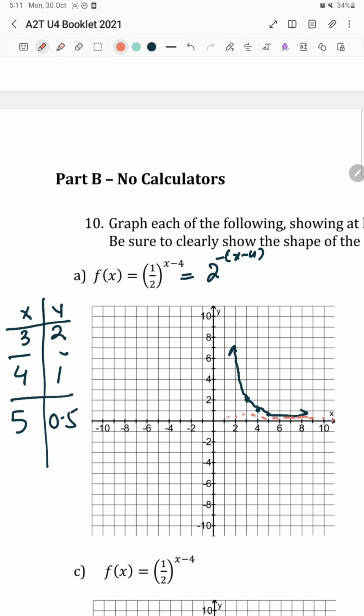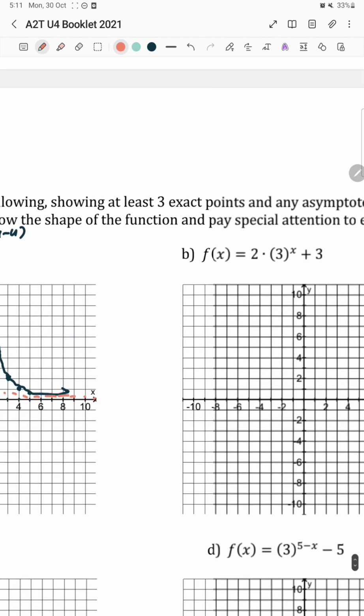So the line it's trying to approach is called the asymptote. I'm marking it with red.